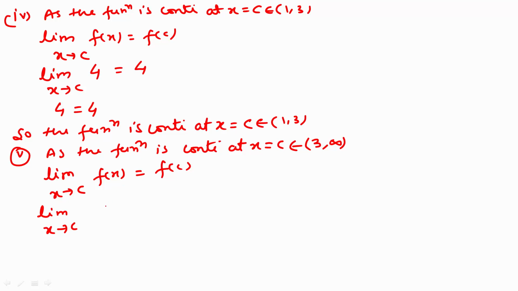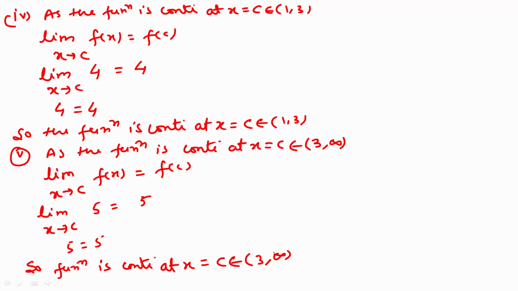Limit x tends to c, the function will be 5, and f of c is again 5. On taking limit, 5 is equal to 5, so the function is continuous at x is equal to c, where c belongs to 3 to infinity.